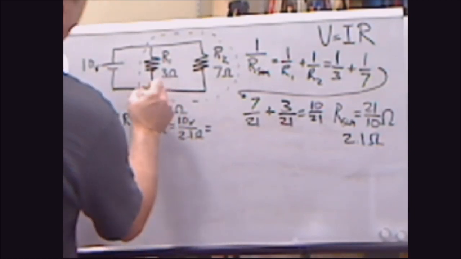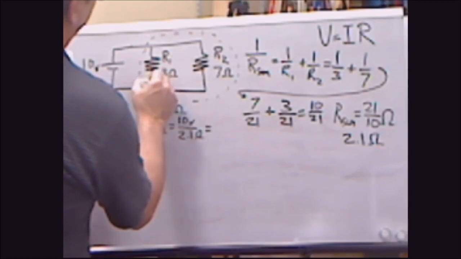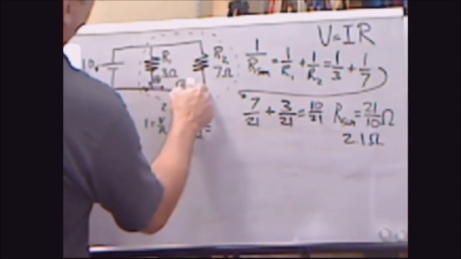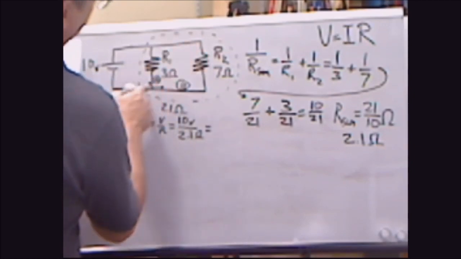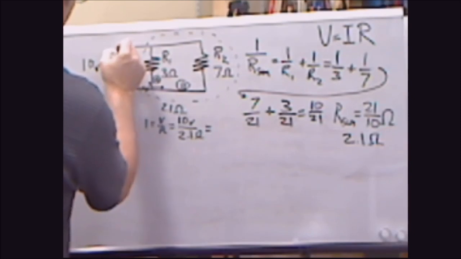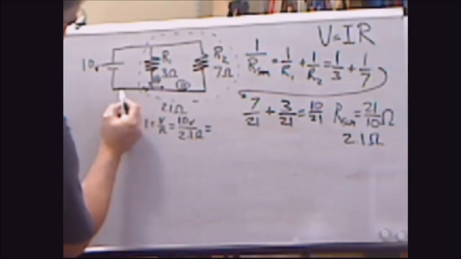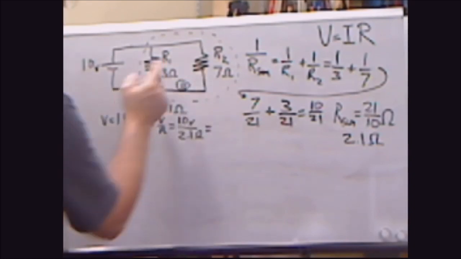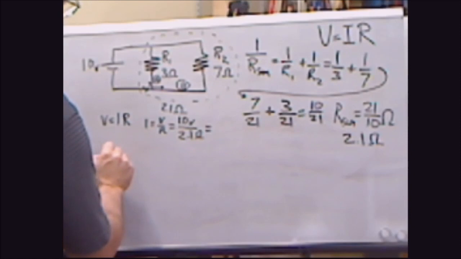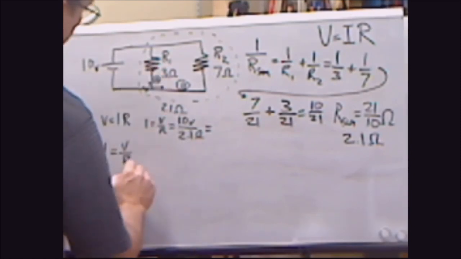But now what we're trying to do right now is find the current on this leg and the current on this leg, because one current's going to go that way and some current's going to go that way. And remember, the voltage is the same because it's a 10 voltage drop from here to here, no matter where you do it on that wire, right? So it's just where current equals the voltage divided by R, and we're going to go R1.